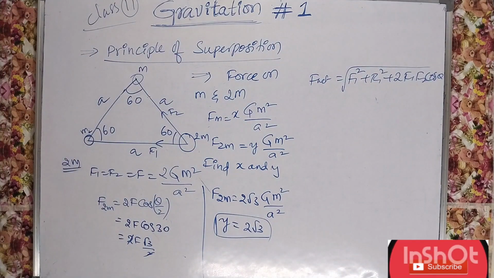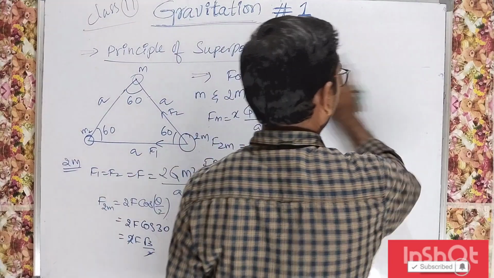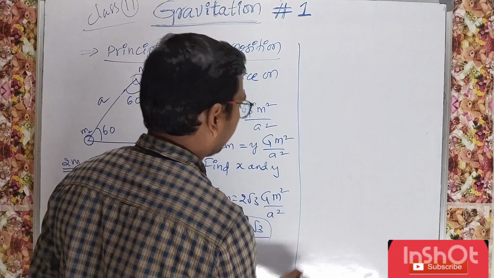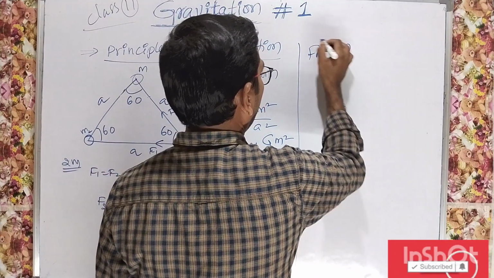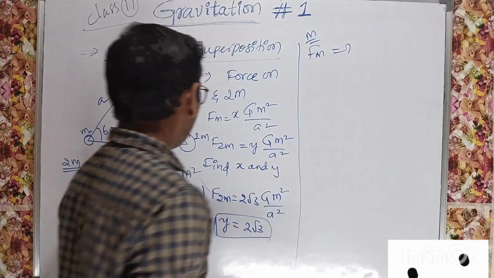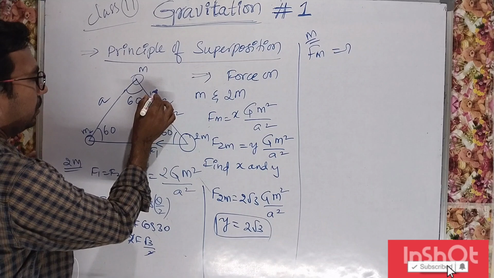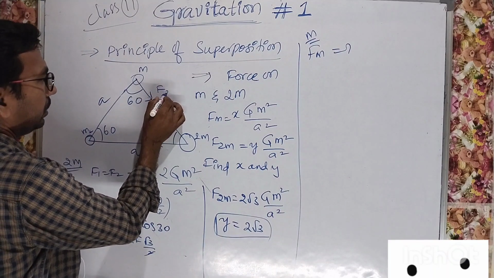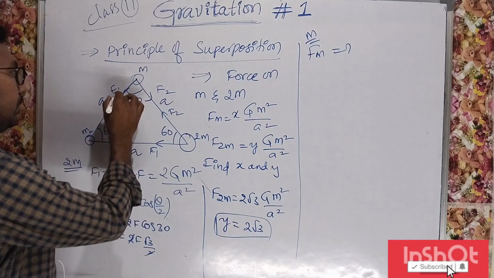Similarly, you can find out Fm. So Fm you can find out for the small mass. Here one force is acting in this direction, which you can consider F2, and this force is acting in this direction, which I consider F1.